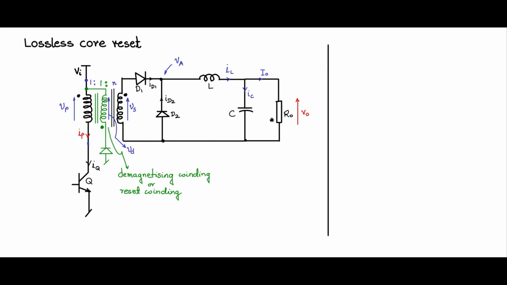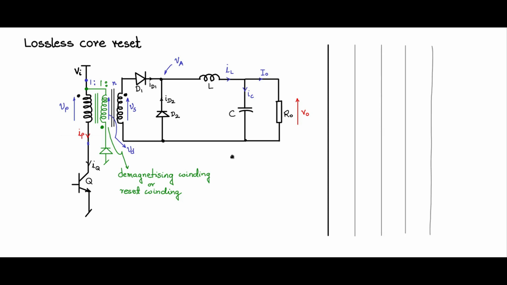So now it will be appropriate to look at some waveforms to understand the operation of the circuit. Again, I am dividing the time into 4 parts: d Ts, 1 minus d Ts, d Ts, and 1 minus d Ts, 2 switching cycles. d Ts is the time period when Q is on. So now first let us see the 2 waveforms Vp and Vd simultaneously.